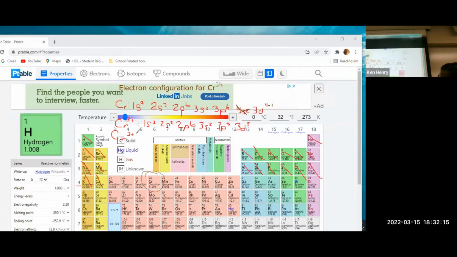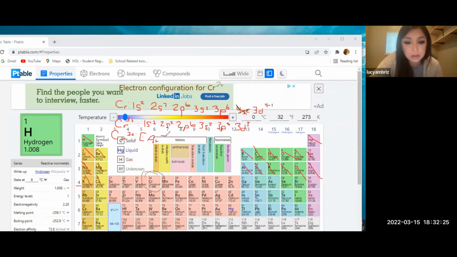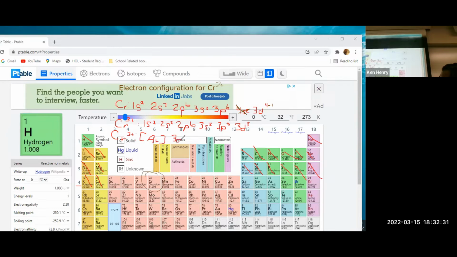So then we just put argon in brackets. And then you would start at 3d3. That's right. And that's it. Does that help?